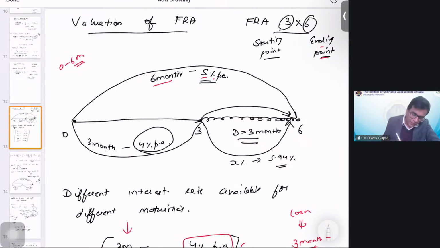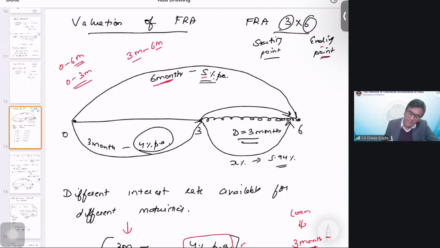You have an interest rate for 0 to 3 months, which is again in existence as of today. Now, what you want is between 3 months to 6 months. That is the future interest rate that you want. This future interest rate is something you can compute today basis the 6 months and 3 months maturity. The question is how.